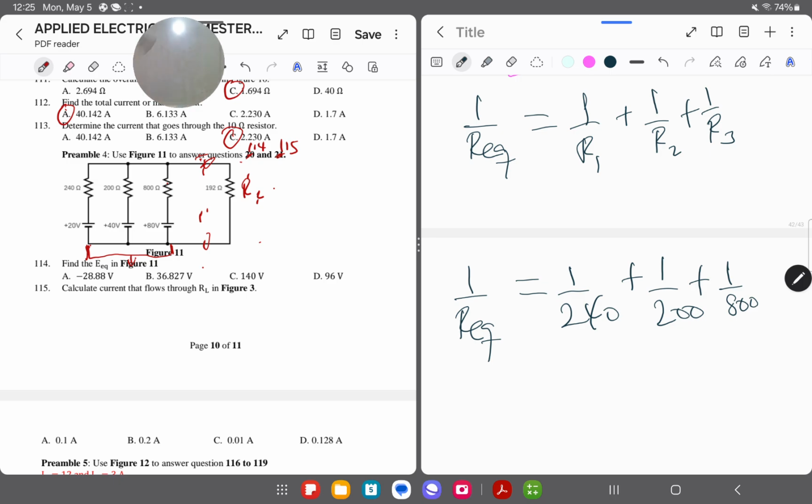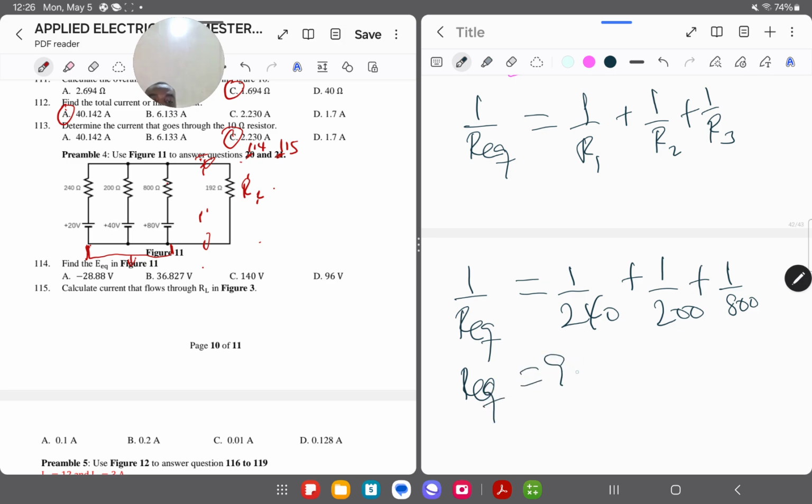Now you just use your calculator to do this. So I have 240 inverse plus 200 inverse plus 800 inverse. So that will give me 0.01. Then you do the inverse of that.